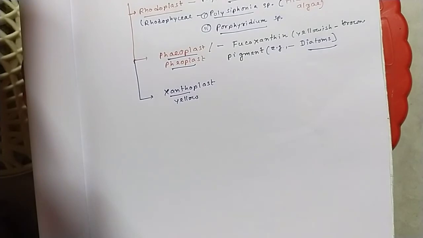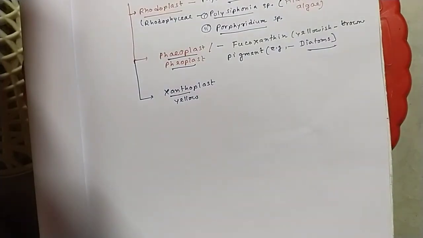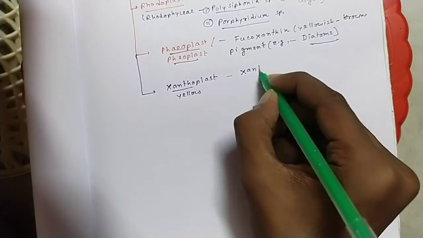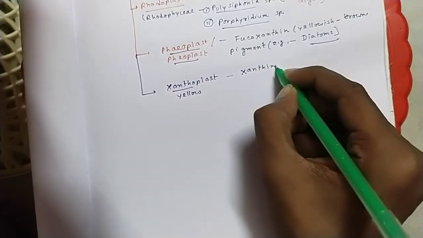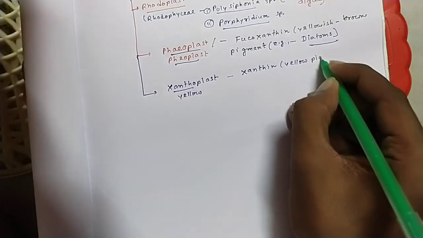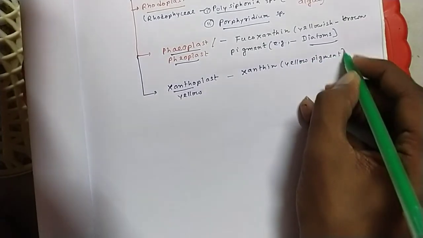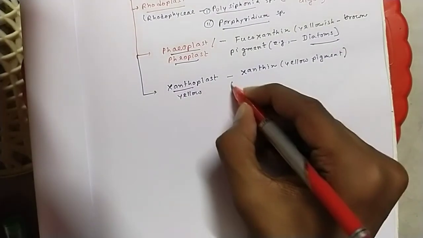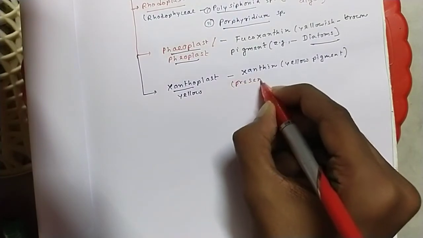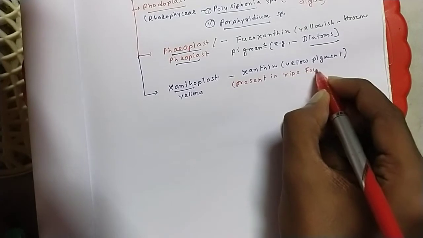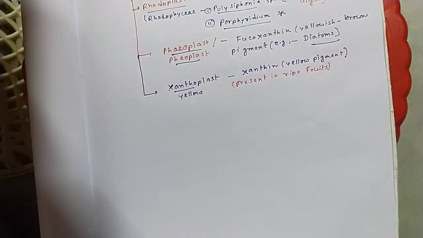So this is basically yellow because of the presence of a very important pigment, xanthophyll, a yellow pigment. And they are present basically in ripe fruits. So that's very important.